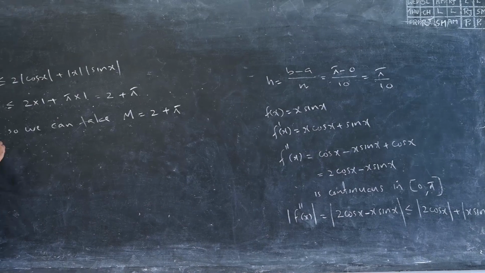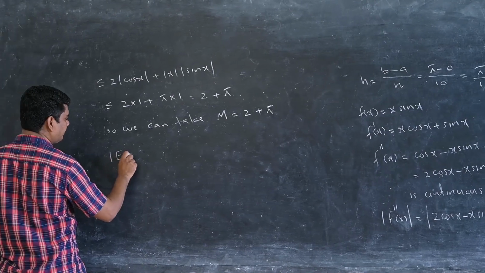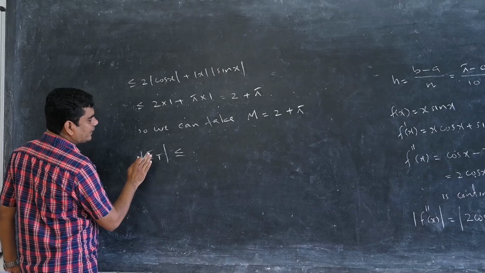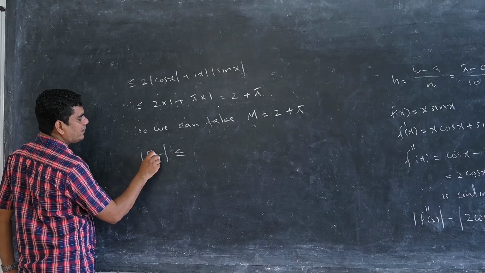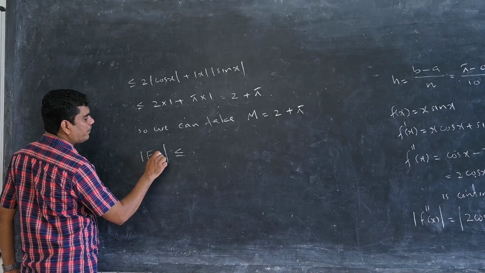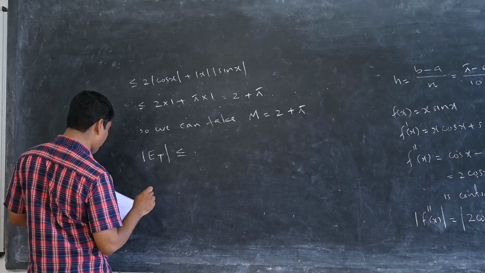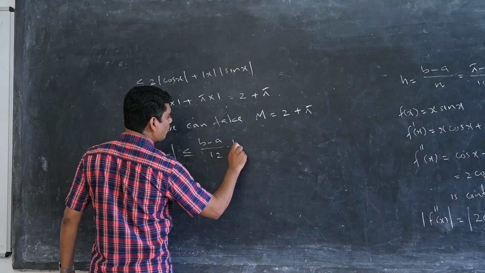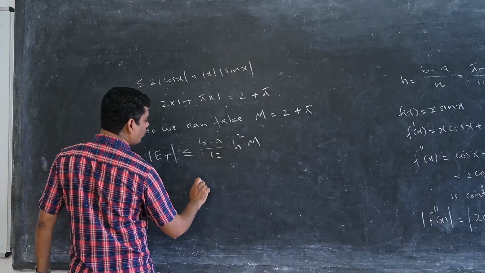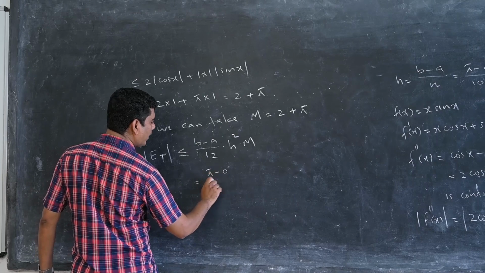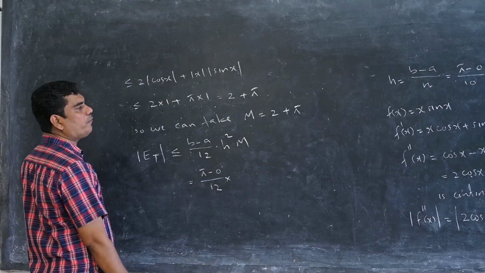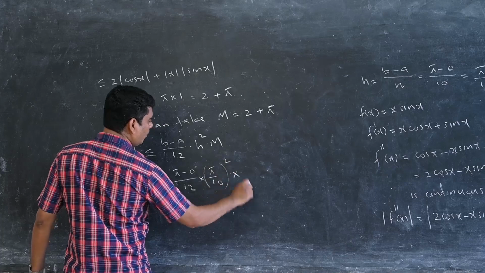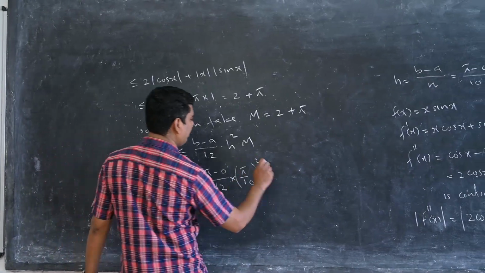Now we have the error, mod E of t. This is less than or equal to b minus a divided by 12 into h square into M. So this is equal to pi minus 0 divided by 12 into pi by 10 square into the value of M that we obtained, 2 plus pi.